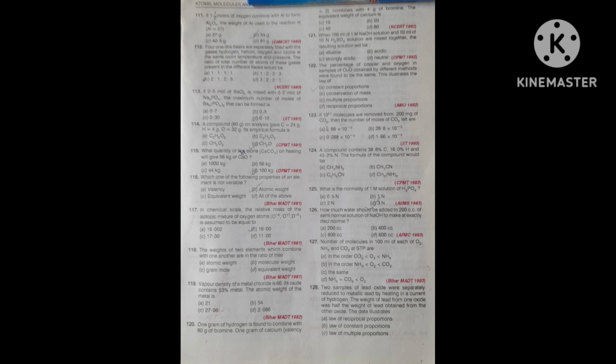Second option, NH3 is less than O2, O2 is less than CO2. Third option same. Fourth option, NH3 is equal to CO2, CO2 is less than O2. This question was asked in medical exams, Bihar medical, MADT. Think, you can answer within 1 minute.